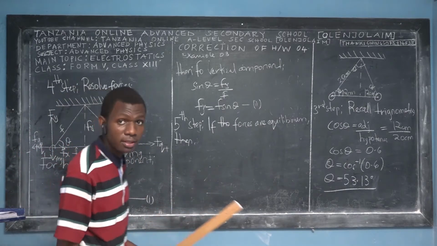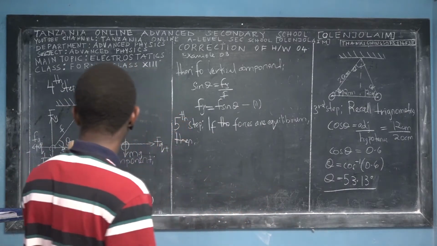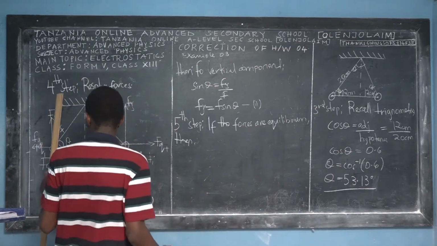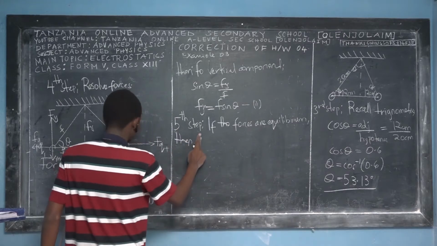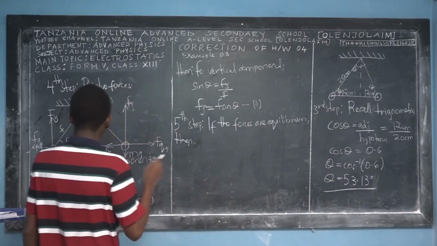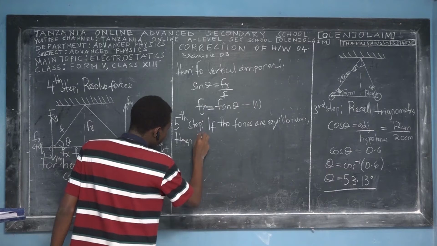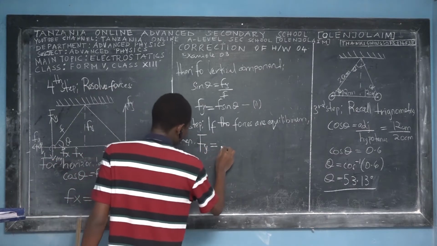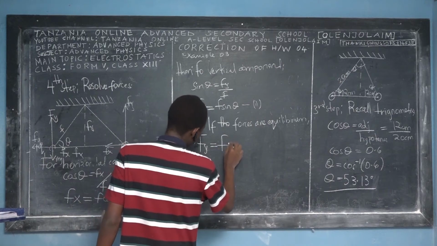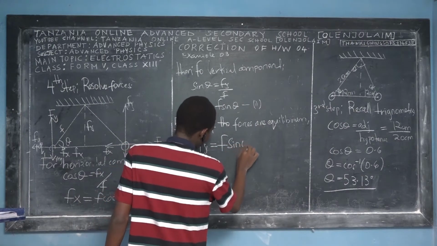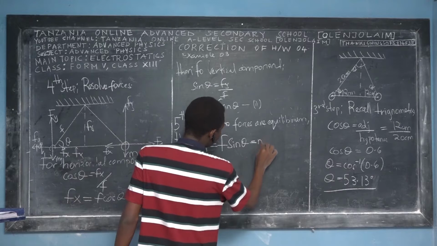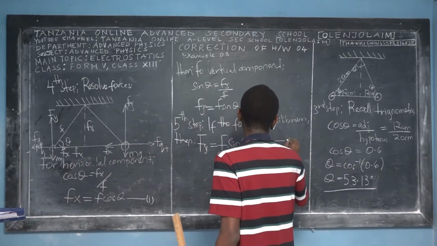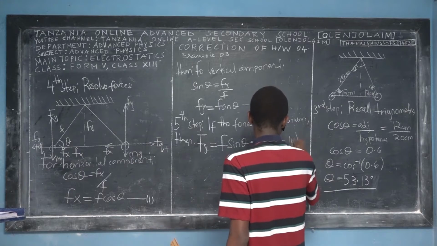So simply because the spheres are equally charged, then at equilibrium, vertical component F sin theta is equal to mg. Are we together? So this one is the third equation.